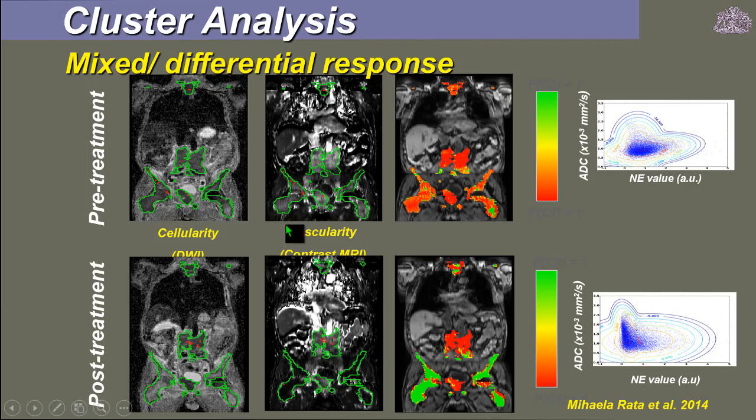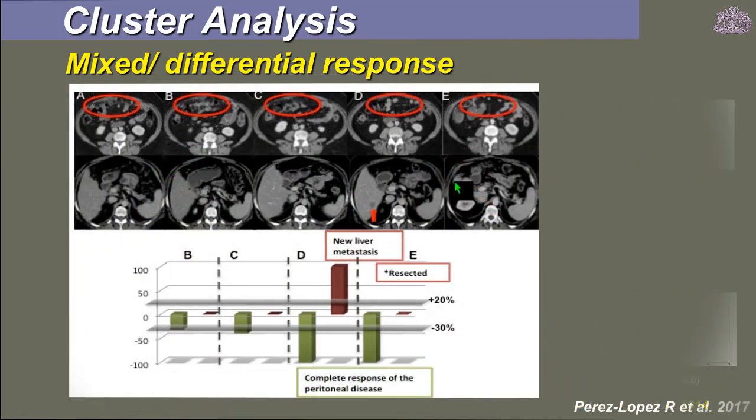You can see that with treatment, the bones are all responding to treatment, but not the soft tissue disease. So what is interesting here is, although the tumor size hasn't really changed in relationship to treatment, what is clearly changing over time is the differential response, which we've been able to separate out based on differences in their cellularity and vascular behavior.